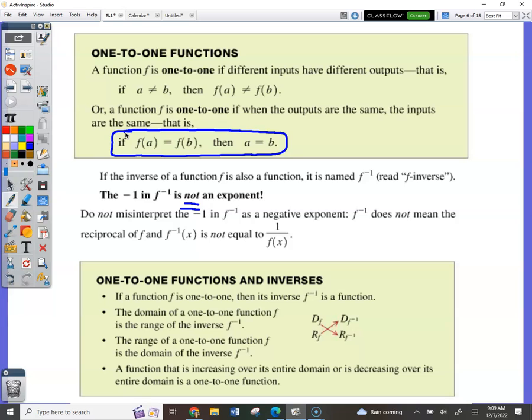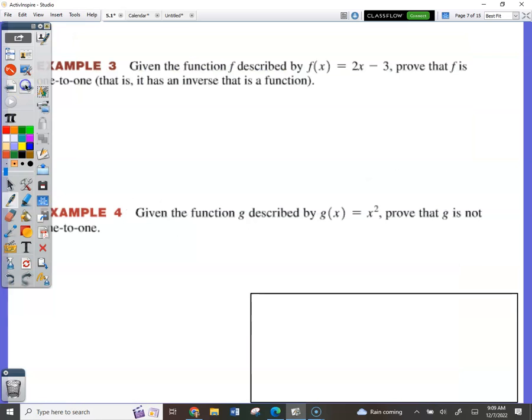So what we're going to do is start with the assumption that f of a has to equal f of b. And then we're going to try and see if we end up with a equals b. You might be thinking, what in the world am I saying? Here's how you do it. So we're going to start with f of a equals f of b.